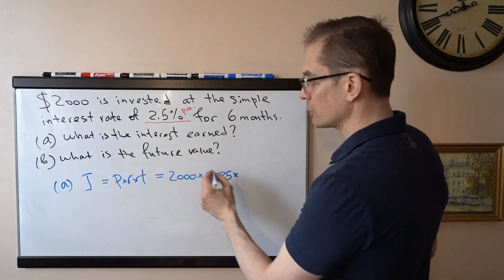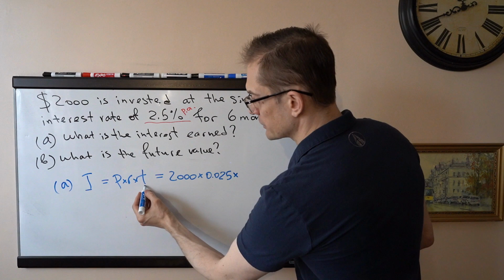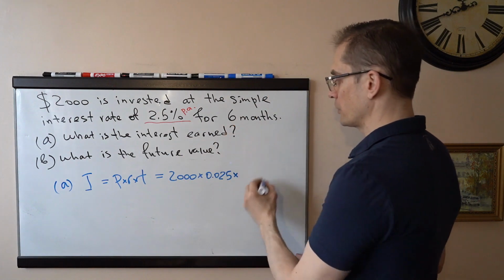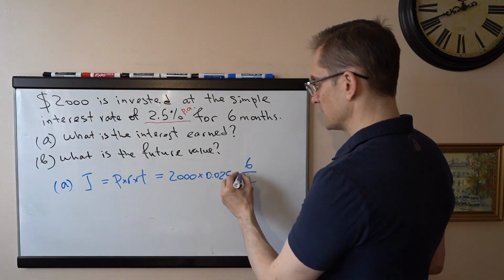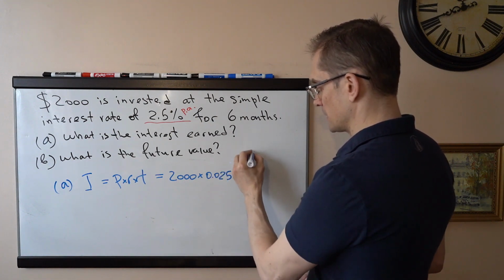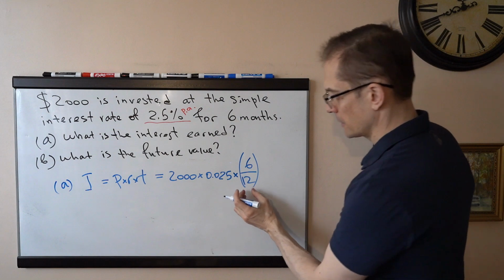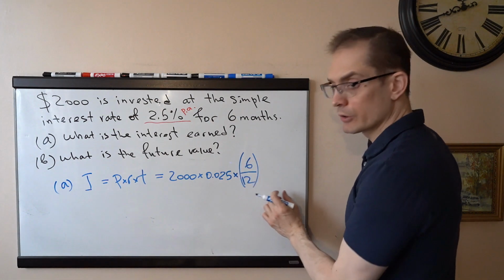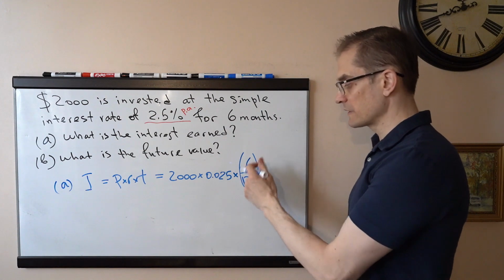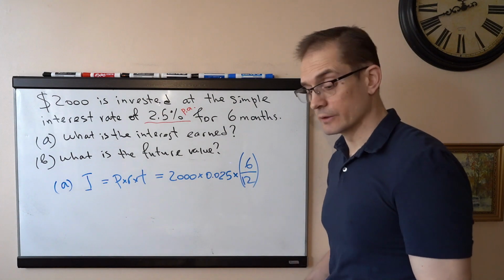But then you need to find how many years in your investment. Now you have 6 months, right? So it's 6 over 12. So you multiply that by, let me put it in the bracket just to make a point that this part here is the number of years. So 6 months is 6 over 12, 0.5, half year.